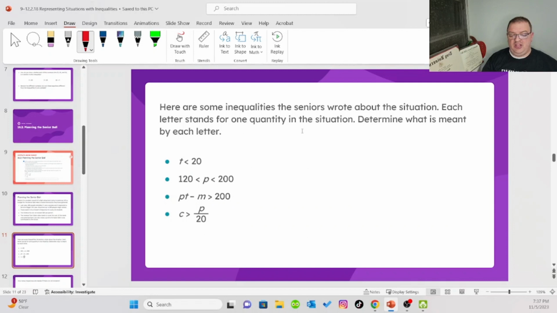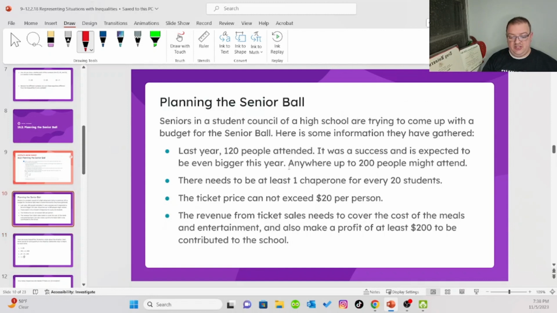Here are some inequalities the seniors wrote about the situation. Each letter stands for one quantity in the situation. Determine what is meant by each letter. So first we have T is less than 20. So if we look through these 4 bullet points, here at number 3, we see the ticket price cannot exceed $20 per person.